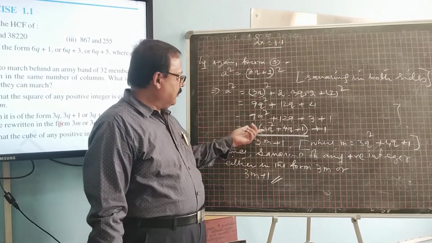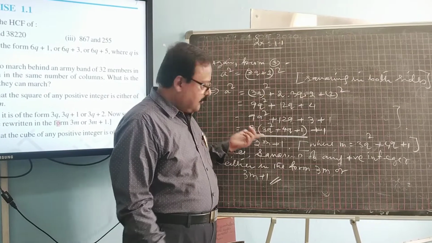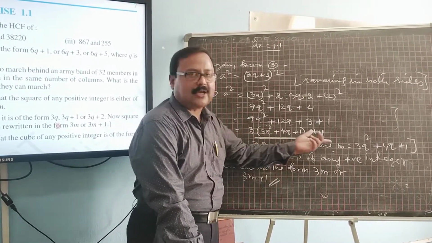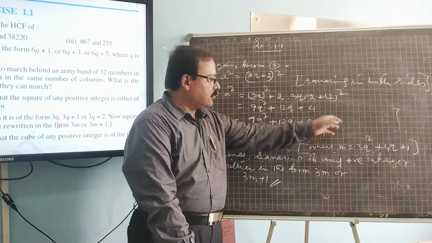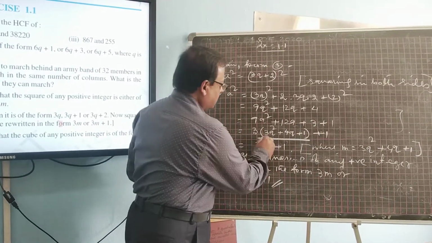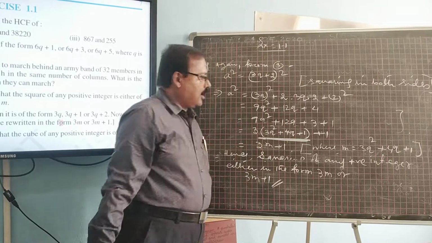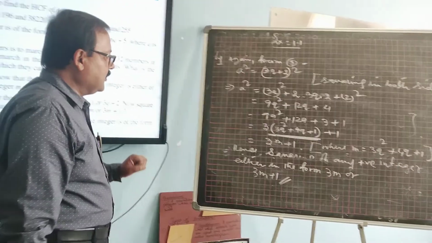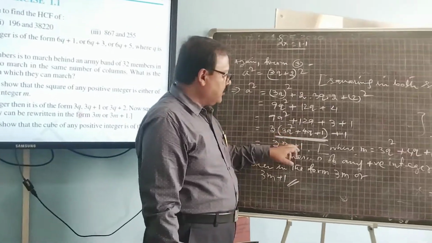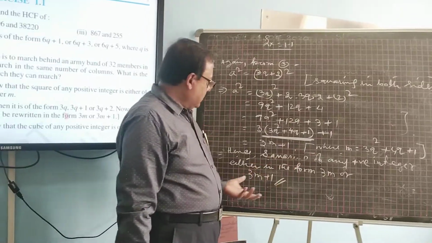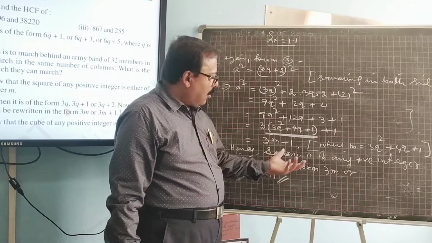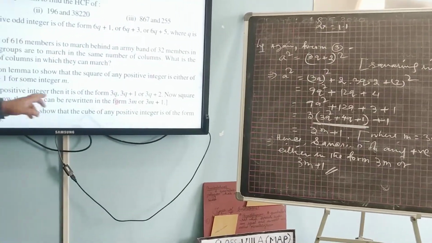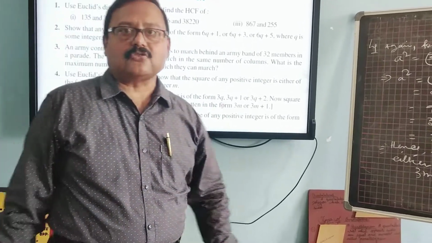Then 3 times 3q square plus 4q plus 1, and plus 1. This is the m, some positive integer. Then 3m plus 1 we got. Then we can say the square of any positive integer is either in the form of 3m or 3m plus 1.